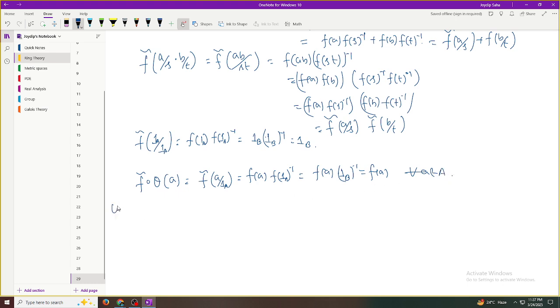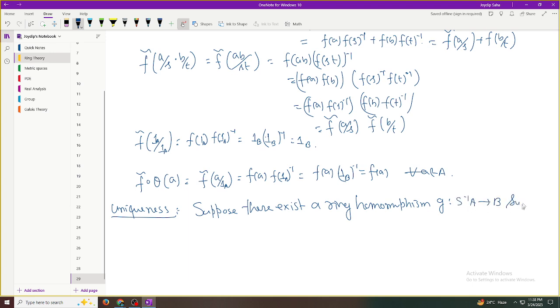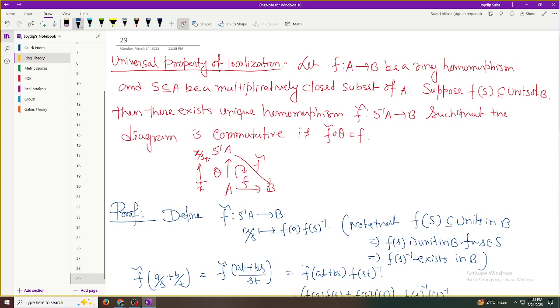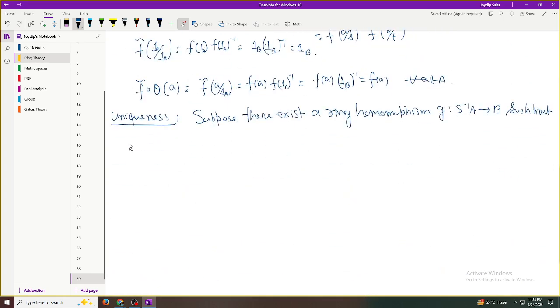Now uniqueness. Suppose there exists g, a ring homomorphism from S inverse A to B such that the diagram is commutative.